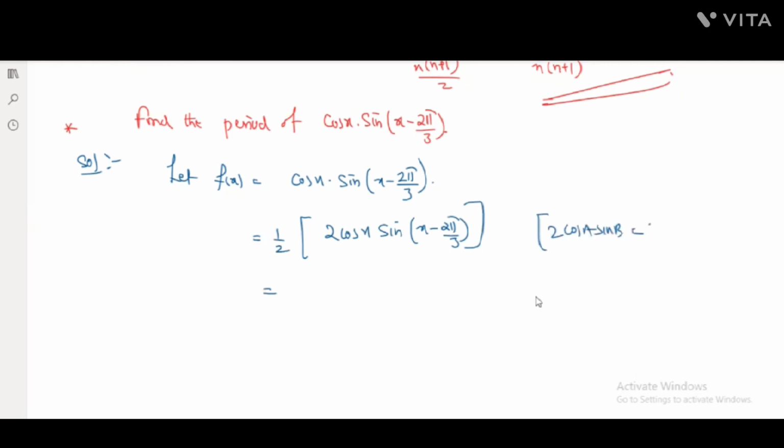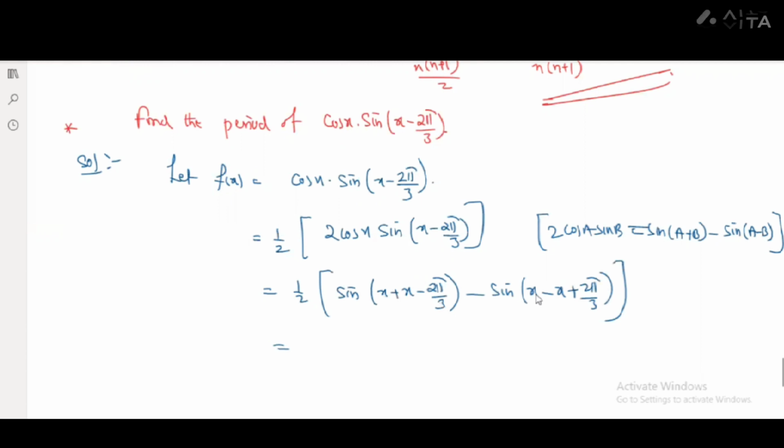That is sin of a plus b minus sin of a minus b. Let's use this one. We'll get sin of a plus b, in this case x plus x minus 2 pi by 3, minus sin of a minus b, x minus x plus 2 pi by 3.